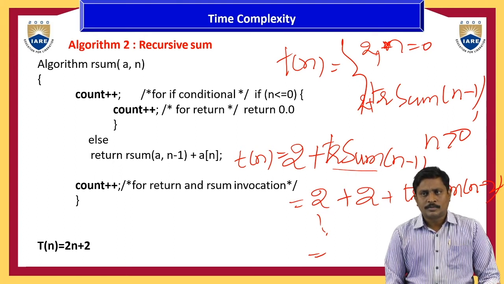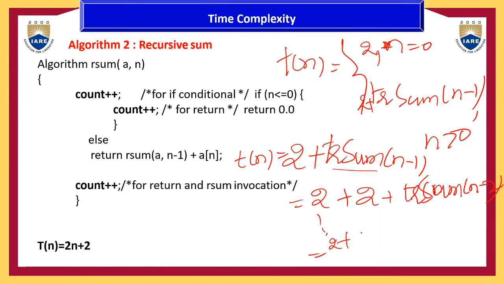Here 2 repeats n minus 1 times, that means 2 plus 2 plus 2 and so on to n minus 1 times. Already this 2 is separate, plus TR sum of n value 1, 1 minus 1 is 0.